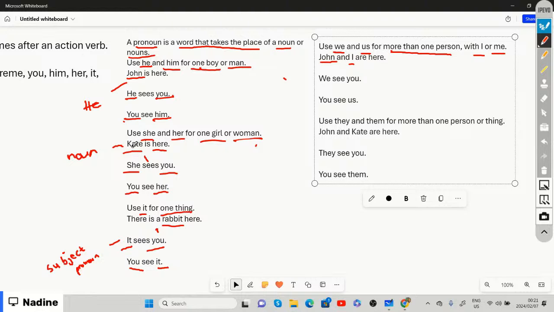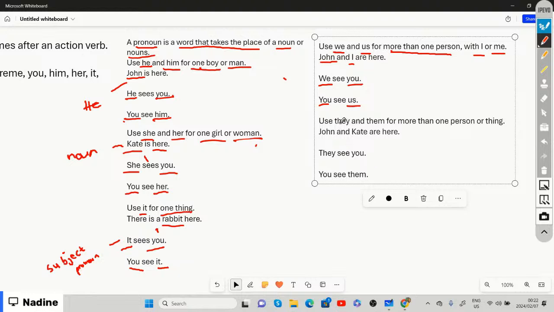Now we're referring to John and I, so we can say we, which is our subject pronoun, see you, which is our object pronoun. Remember, we said an object pronoun comes after an action verb, and a subject pronoun comes at the beginning of the sentence. And then you see us.